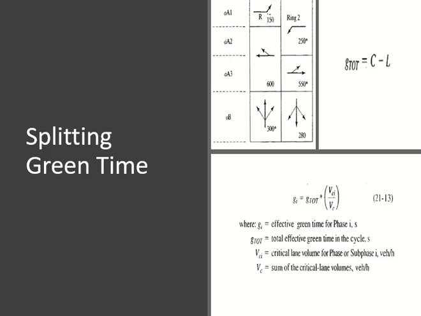Okay, the one which you see as a green light is not effective green, that is actual green. This is number 8, right? So if you go to number 7, you will see the equation to convert a small g into capital G. Basically, you need lost time and yellow time. We already covered these things in the previous lecture.